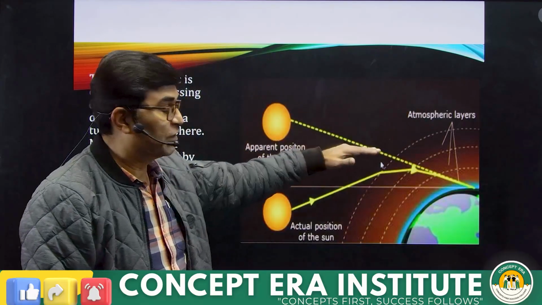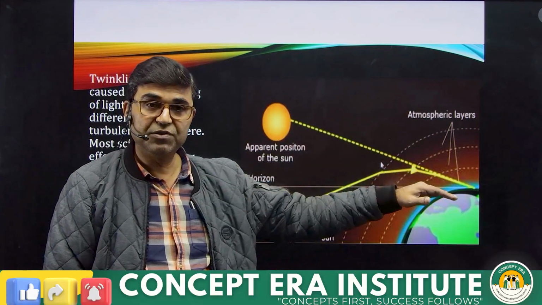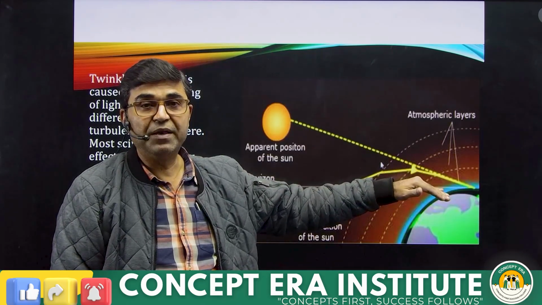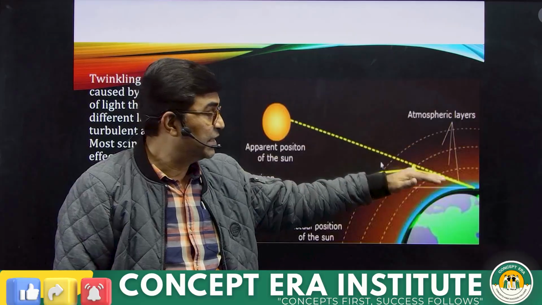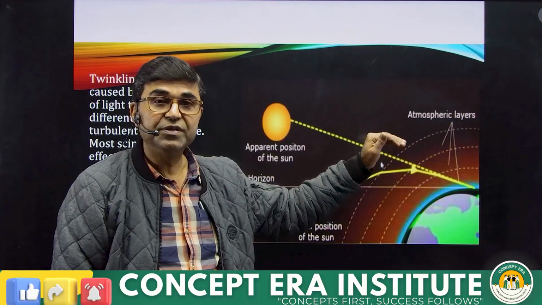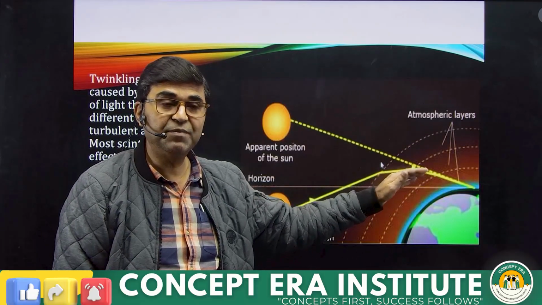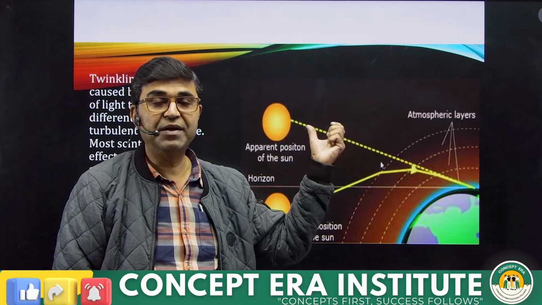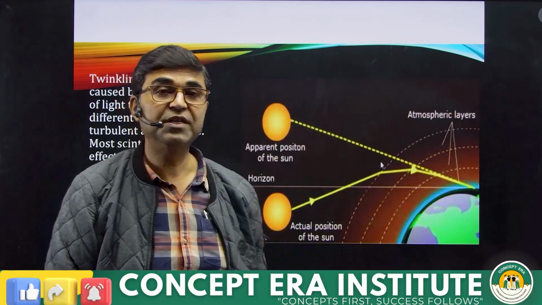The same situation will be faced by those rays also, but quite a few rays are coming from the planet. So, the scintillating effect of a few rays is compensated by the others, and we receive a steady light coming from a planet, and that's why the planets do not twinkle.